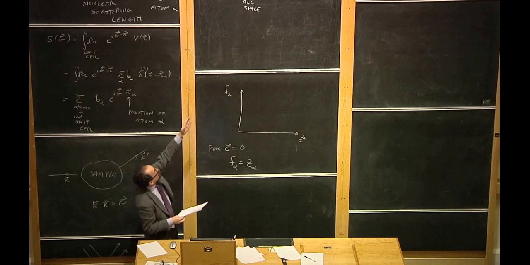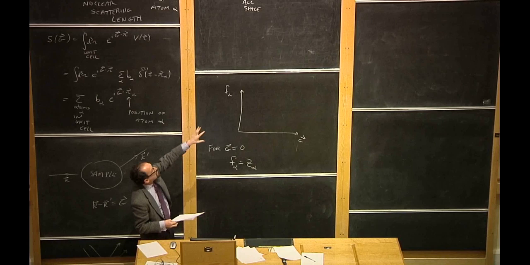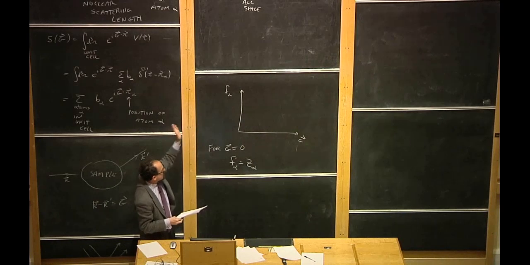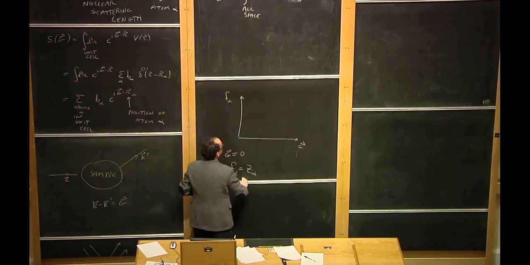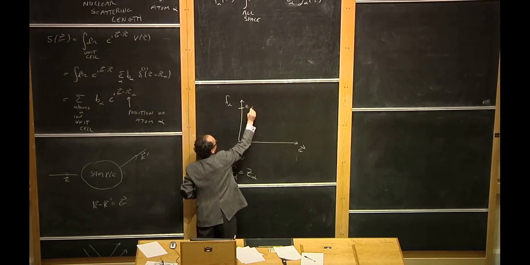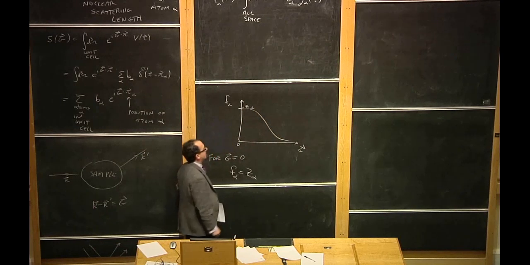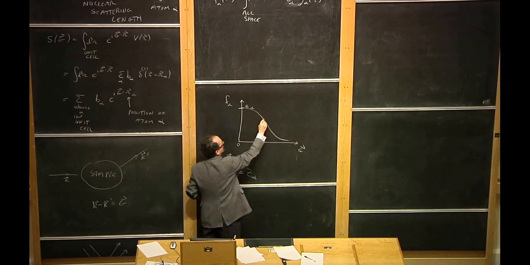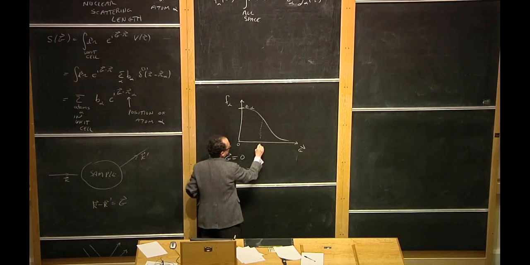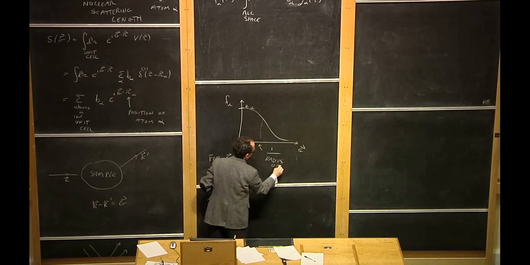You can see that if you insert 0 into that integral over all space, g is a normalized shape function, so you just get Z back out. So if G is 0, you get Z sub alpha up here, but then it decays slowly down to something much smaller, and the decay length is more or less 1 over the radius of the atom.